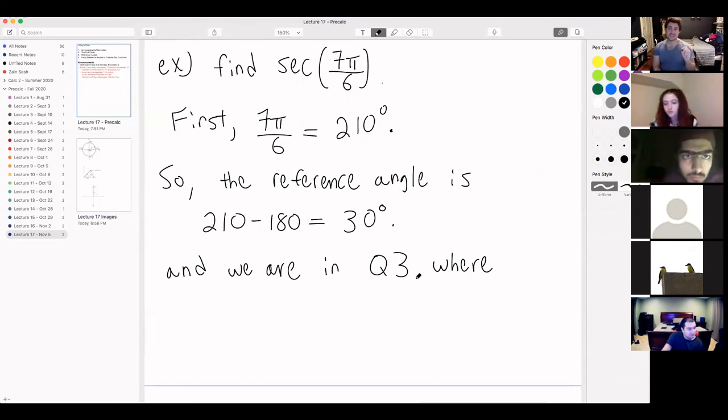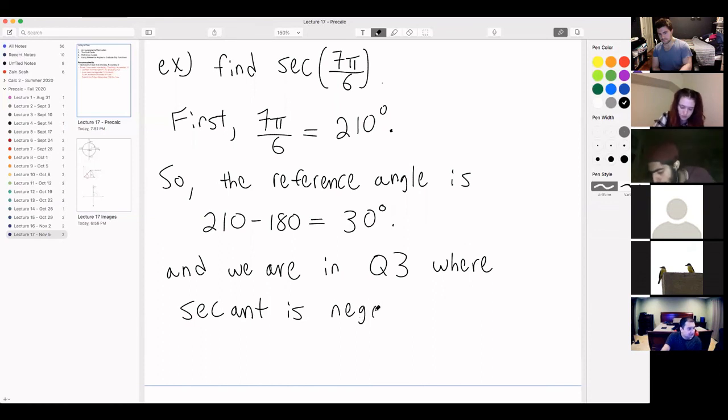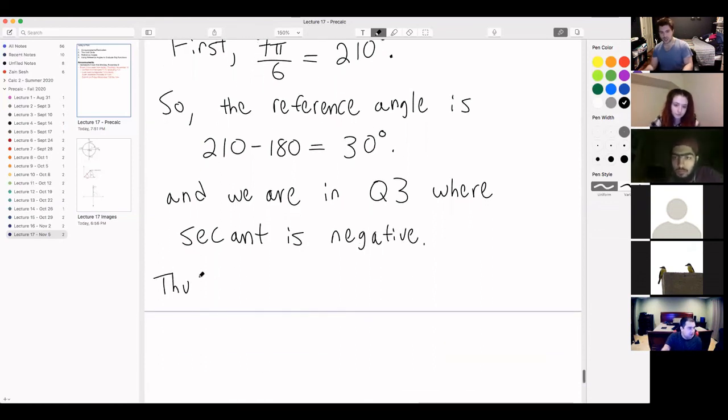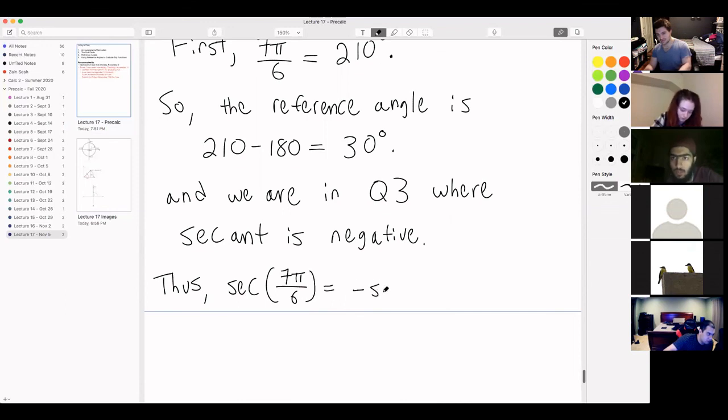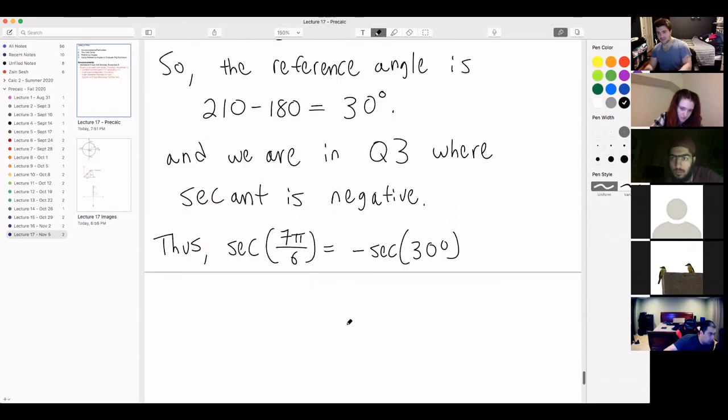Thus, secant will be negative. All right, so here we go. So now we're pretty much done. Thus, secant of 7 pi over 6 will equal negative secant of the reference angle, negative secant of 30.